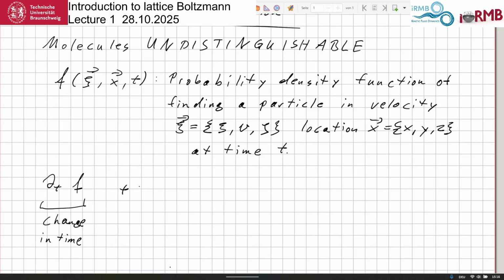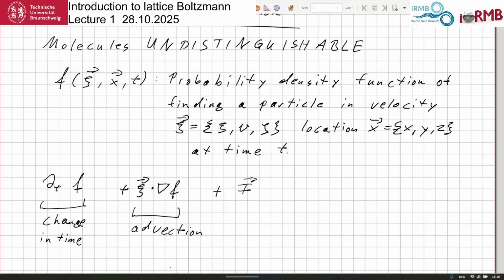Because I am not allowed to touch my screen. So then comes this part here: the velocity times the spatial derivative, so the scalar product with nabla. When you're already familiar with the Navier-Stokes equation, you will see that this is an advection term. Then there's something that we'll not spend a lot of time on.